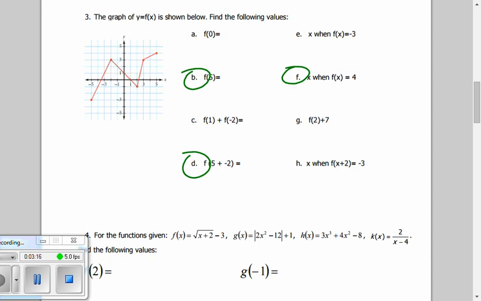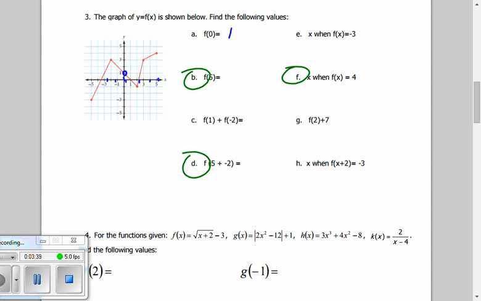They give me X. X is 0. So if X is 0, I go on here. This is where the X's are, right? And I find, where is X 0? Oh, X is 0 right here. I follow it up to the graph. Boom, hits right there. So what's the answer? 1. All right. So if they're giving you an X, you find it along here.